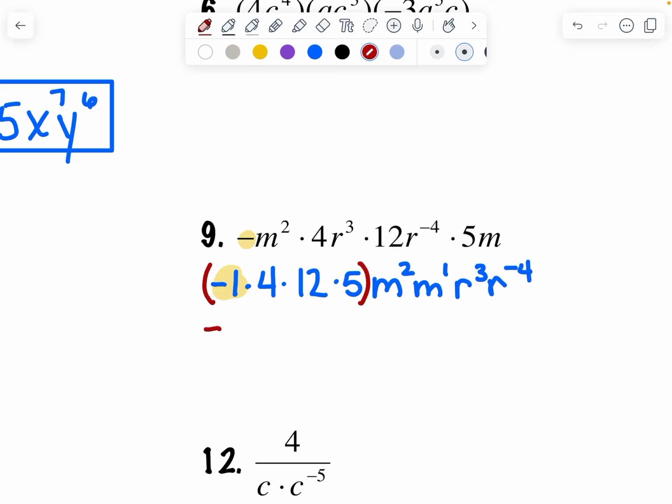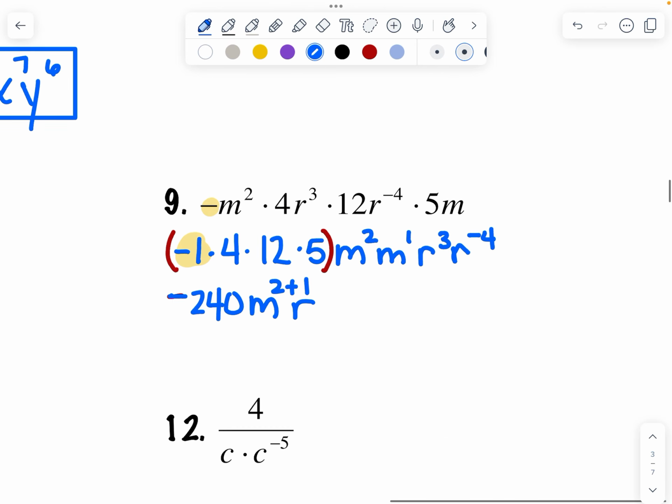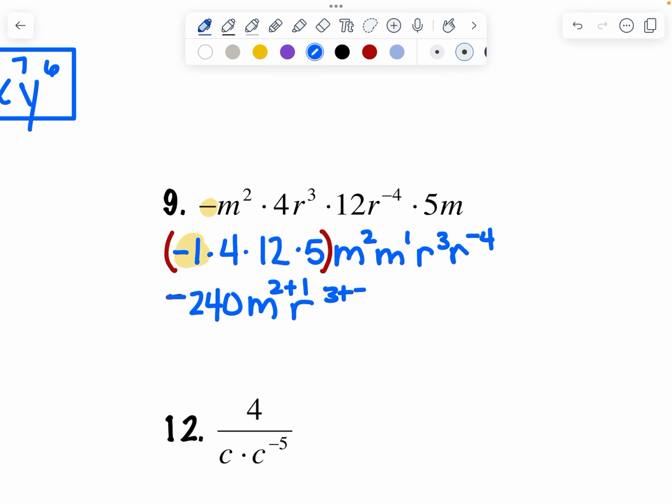So -240, and then we have m to the 2 plus 1, and then we have r to the 3 plus -4. So then we have -240, we'll keep that, and then we have m cubed r to the -1st power.